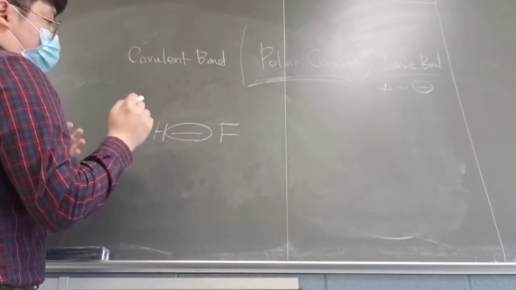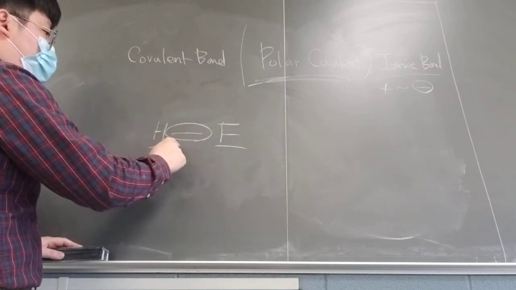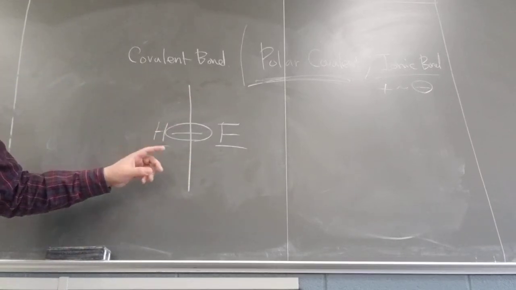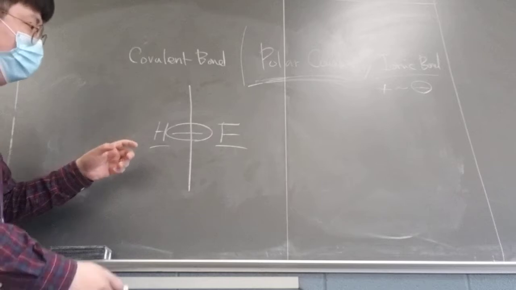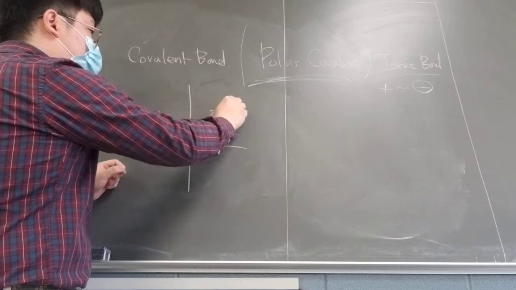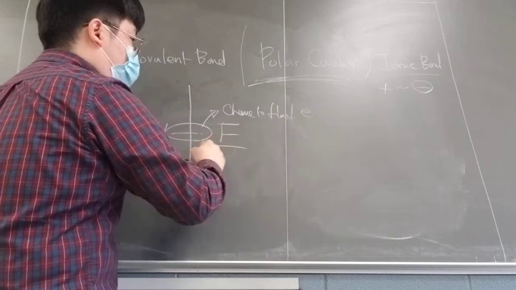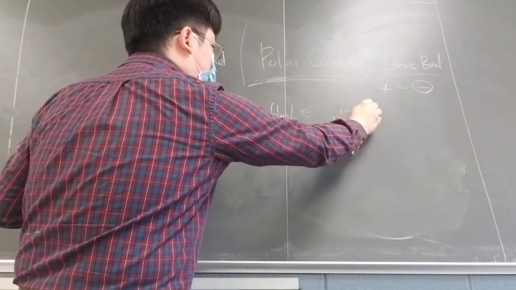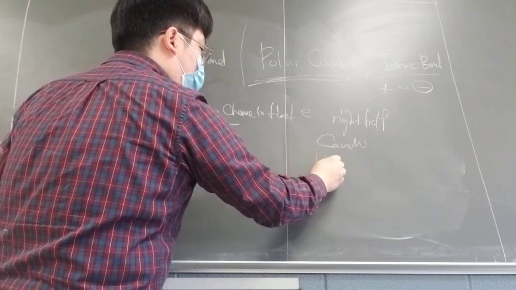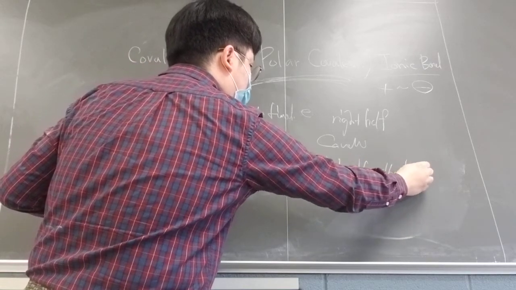Because of the electronegativity, this one is more electronegative than that one. If you split this covalent bond in half, equally 50% left and right, once again you're going to see that the chance to find the electrons in the right half of your covalent bond will be higher than in the left half.